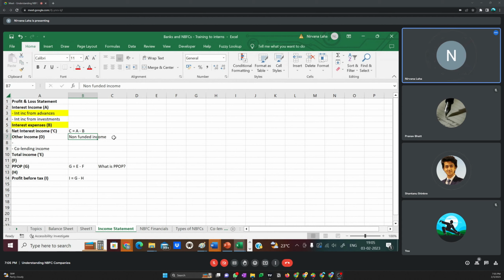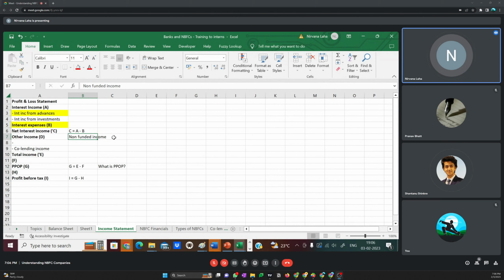What kind of income items are these? How else does a bank earn? One is lending loans, what else does it do? Their products. What kind of products, Shantanu? Credit cards, debit cards, etc. Correct. Then if the company has a life insurance arm, HDFC will give out life insurance, it will earn a commission on that.